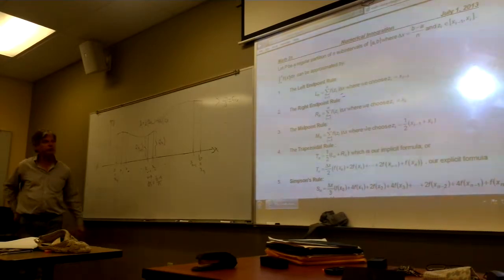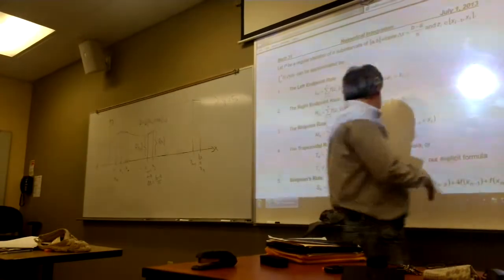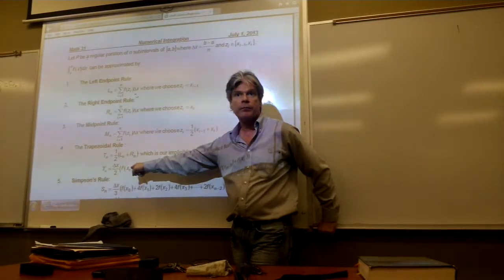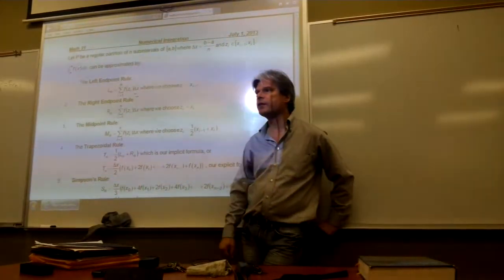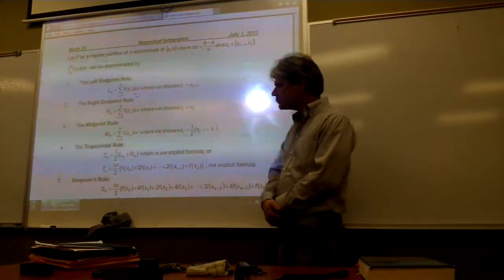So if you were trying to find some kind of explicit formula for the trapezoidal rule with n subdivisions, notice how each and every one of these coefficients is a factor of 2, with the exception of the first and last. Or you can do this. Watch my clumsy hands.